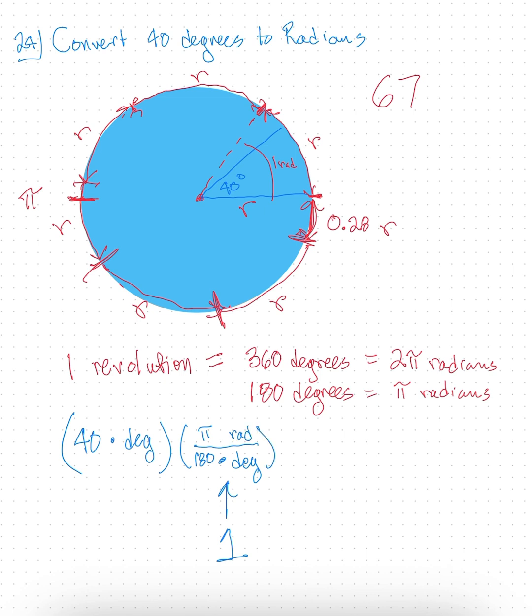And we just need to simplify now. The degrees cancel out, and we would have something in radians.